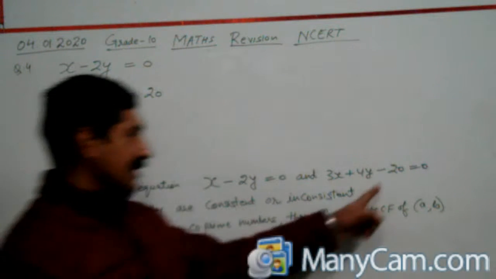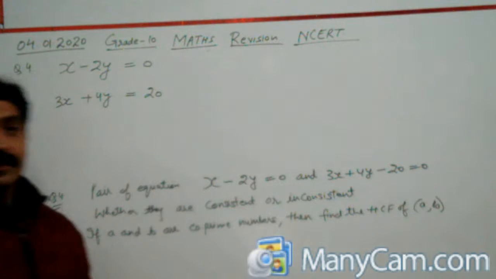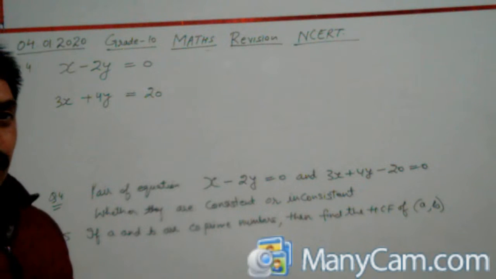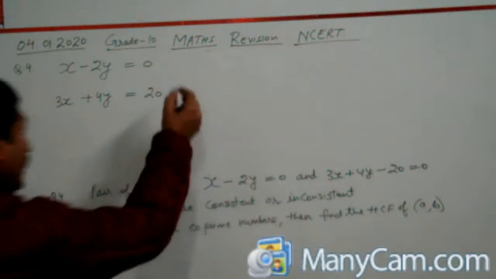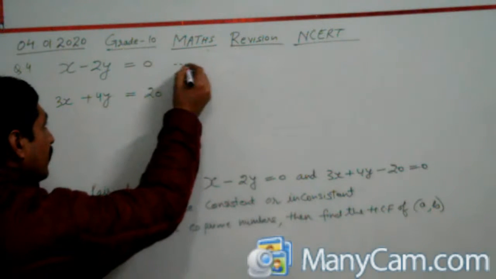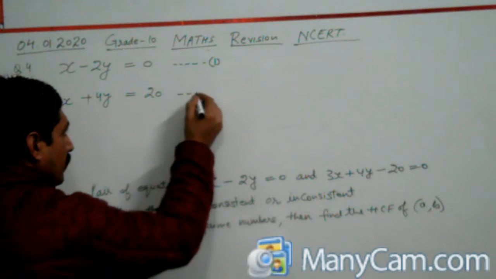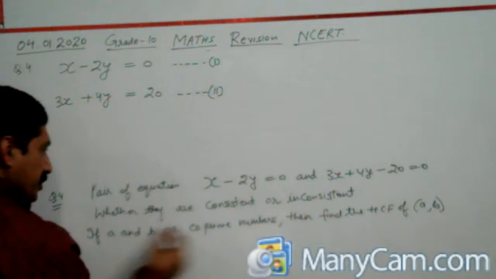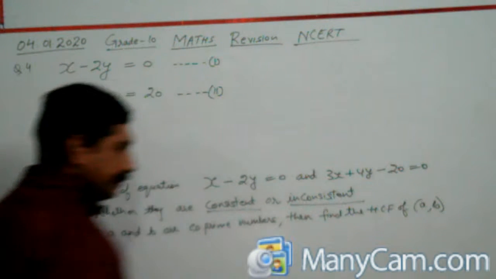Here it is minus of 20, but if we write it on the right hand side, it will become positive, so it is plus 20. Now we have to tell whether the pair of these equations is consistent or inconsistent, right?